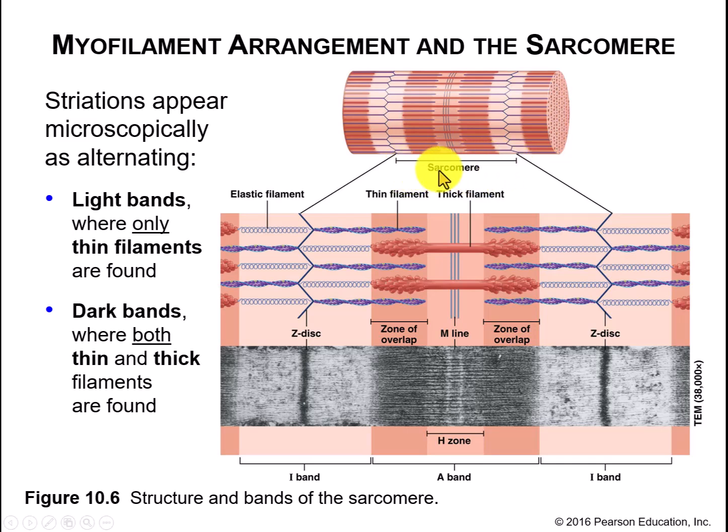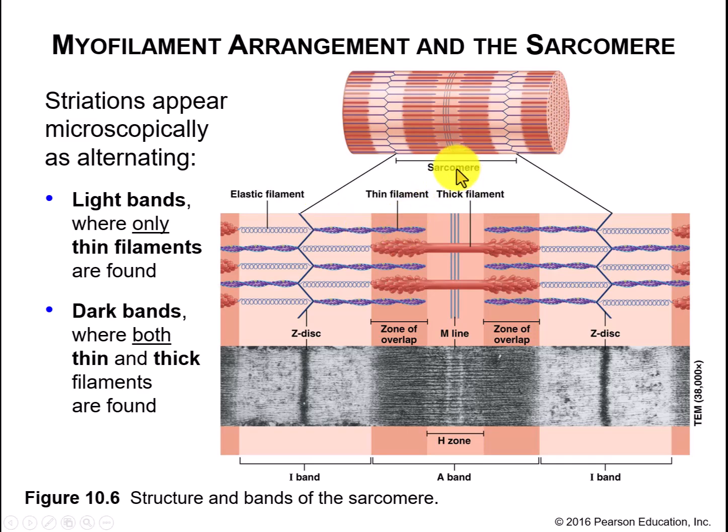Our sarcomere is our smallest unit of contraction. A sarcomere is delineated by the section of muscle that runs from Z disc to Z disc. This is a Z disc here. Attached directly to the Z disc is the actin, and then the myosin is attached to the Z disc via those elastic filaments.